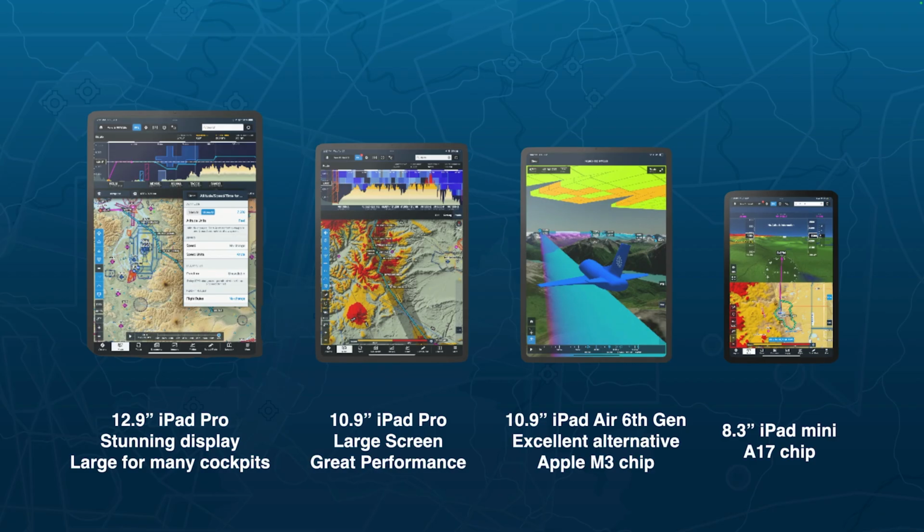Apple provides different sizes of iPads, so starting from the small iPad mini, I think today in the 6th generation, and up to the 13-inch iPad Pro, which provides a stunning display and is an awesome device, but probably too large for many cockpits. So if you have the chance, take an iPad Air or an iPad Pro if you need more power.